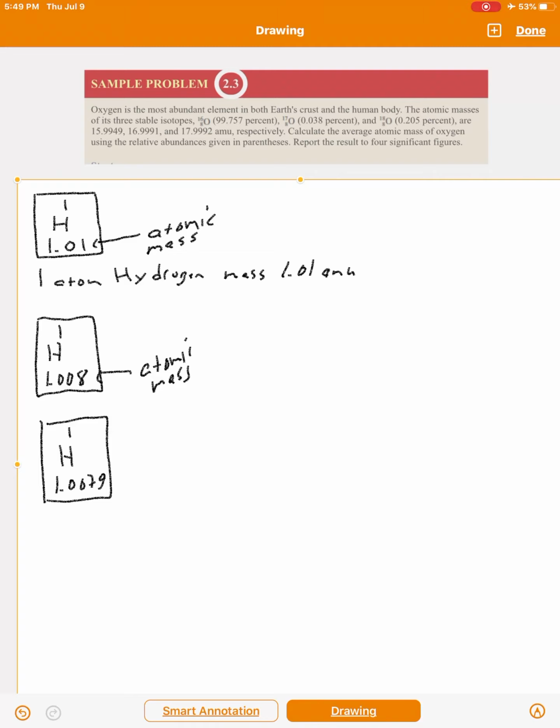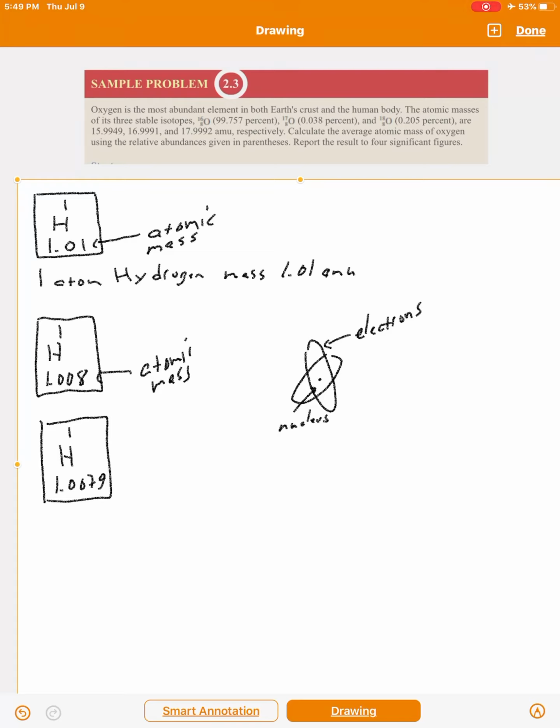Okay. Now, notice these numbers are not whole numbers. They're close, but they're not whole numbers. The mass of an atom is given by the mass of its nucleus plus the mass of any orbiting electrons. Electrons orbit the nucleus, and it could have more than one electron.